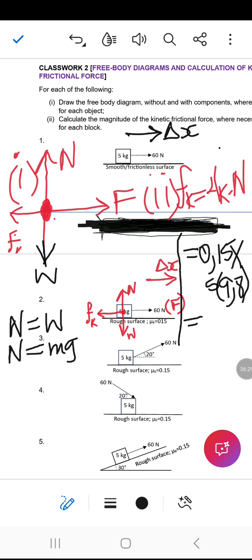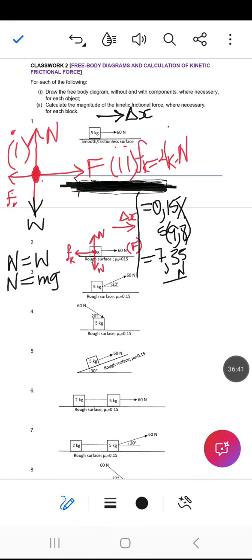Here we are going to get 7.35, and remember to write the units: newtons. This is the answer to question number 2 for this scenario. So this is how you calculate the Fk from this given diagram.